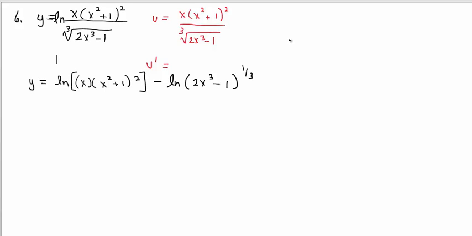I have not used every property possible for logs. And so for my differentiation, I want to continue to use as many properties as I can that apply before I find the derivative. And here we have a product. And I also have a power on that factor. So it's natural log of x plus natural log quantity x squared plus 1 squared.